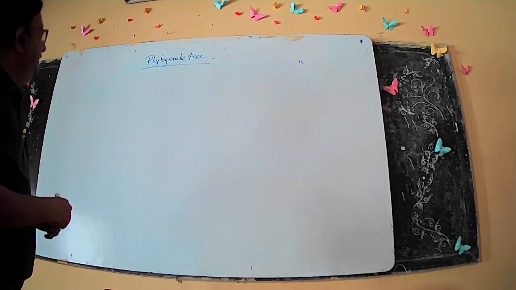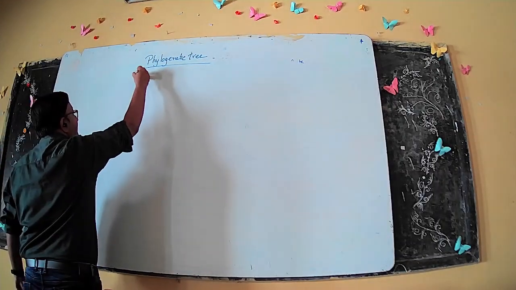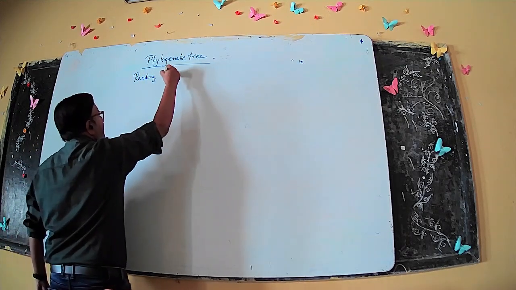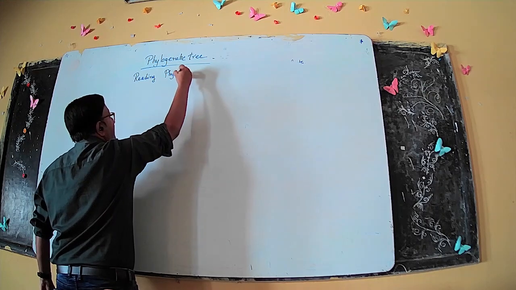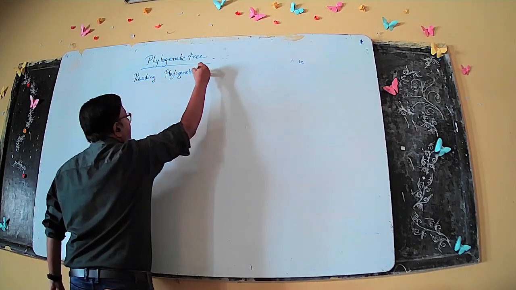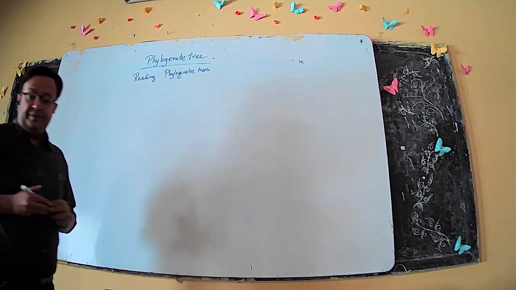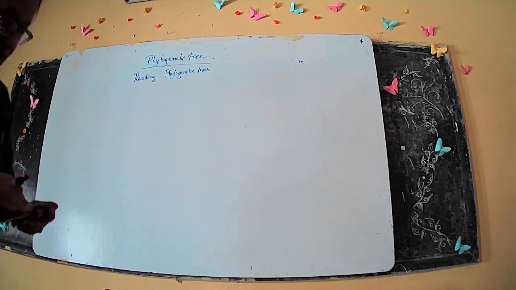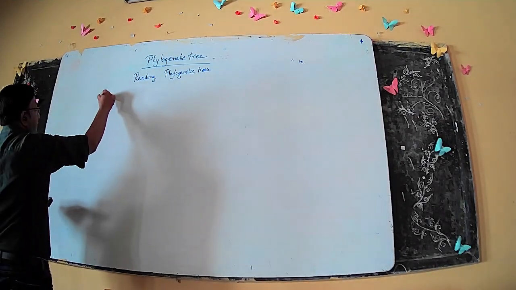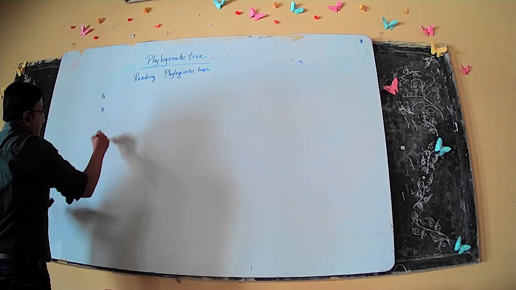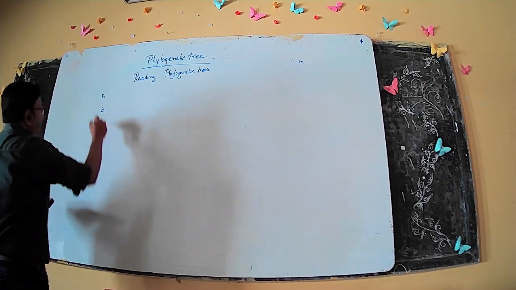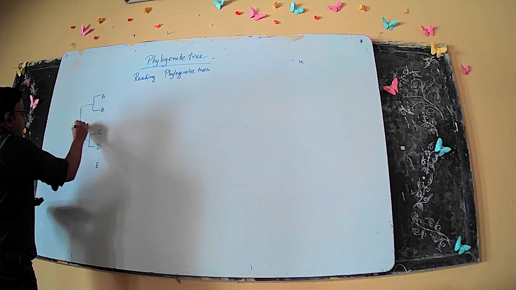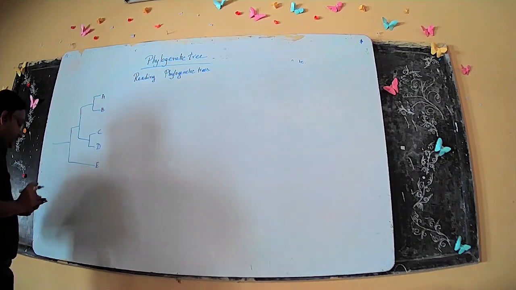So now we are reading phylogenetic trees. If you draw A, B, C, D and E, we had drawn it like this. This is one tree.